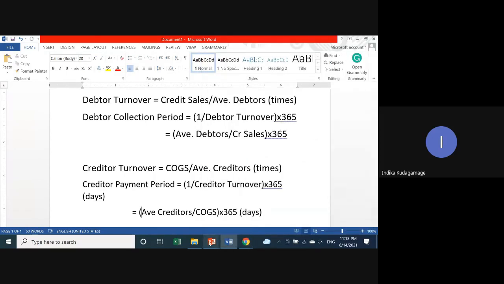Right. So these are three key ratios you need to know because this is important for our working capital. But you need to know them by heart.